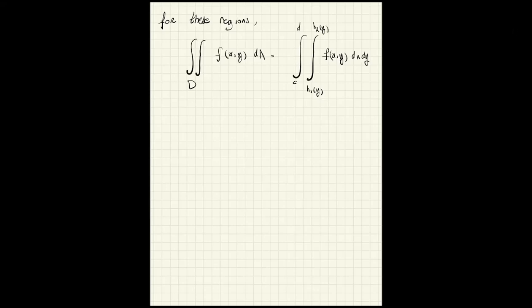There are many exercises you can try from the book, but I think I included one from the problem set which will ask you to divide it. I'll give you a region that is not type 1 or type 2, and I will ask you to divide it into two regions, where one of them will be type 1 and the other one type 2. Then you can compute the integral.